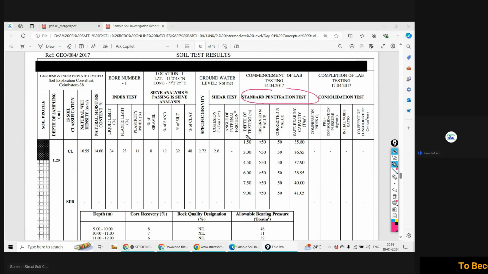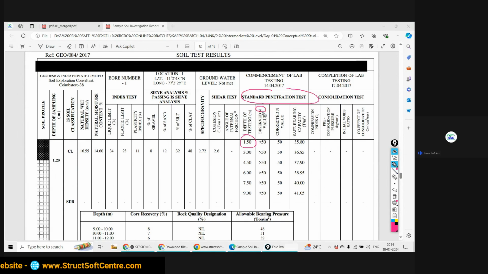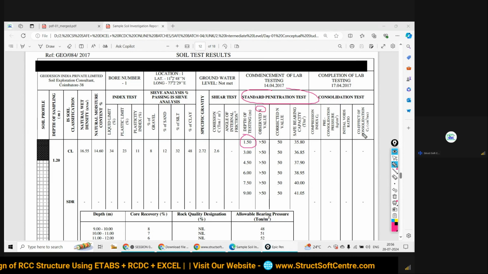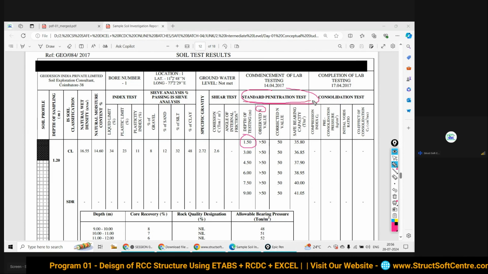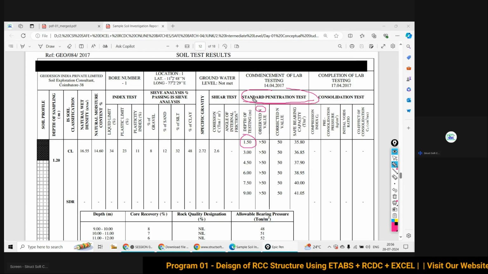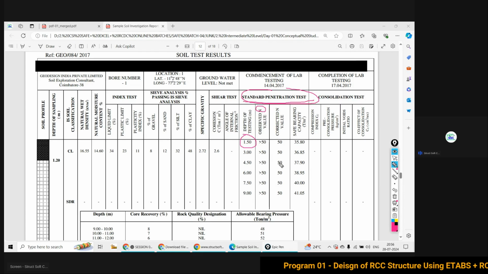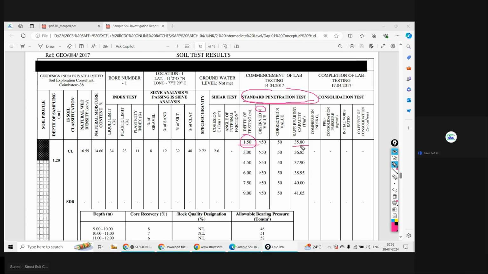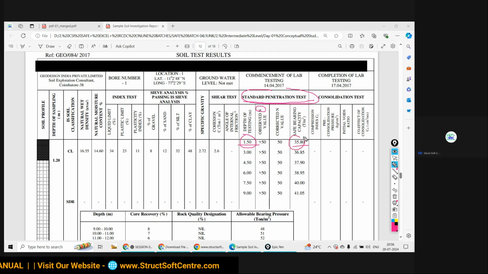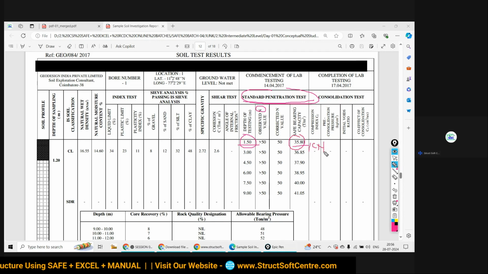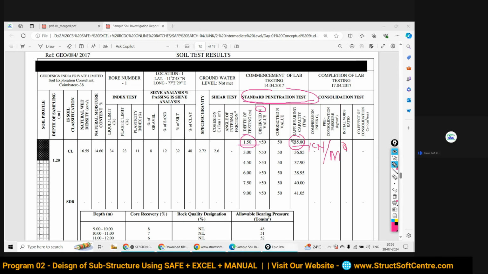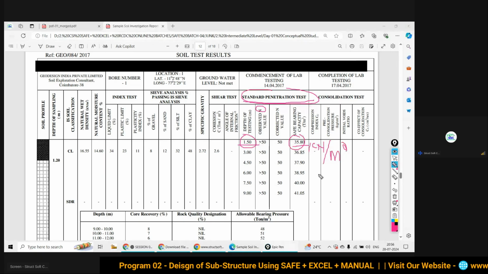At a depth of 1.5 meter, the observed N value is the number of blows, how many times you hit. If you study the standard penetration test, you can understand the concept. So don't worry about this, just focus on this. At 1.5 meter depth, what is the bearing capacity? 35.8. How to convert it into kilonewton per meter square, I will explain later, but as of now just multiply it by 10, so 358 SBC.